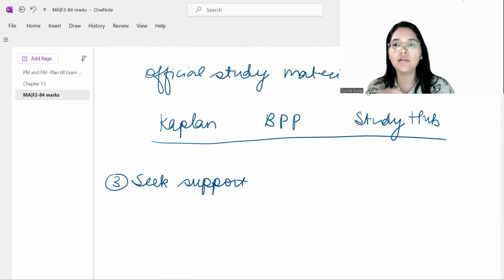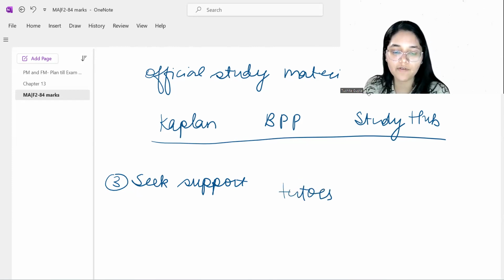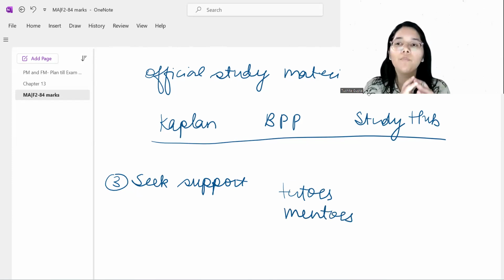So it is absolutely okay to seek support and guidance, to reach out to tutors, and to look for YouTube videos and websites like Accountancy. Whenever you feel stuck or are not able to get something, seek support for it. Go to tutors, go to mentors, whatever makes you comfortable with the subject. Make sure that you're seeking the right support.